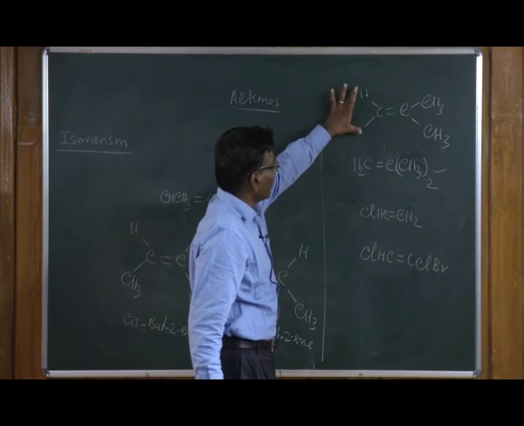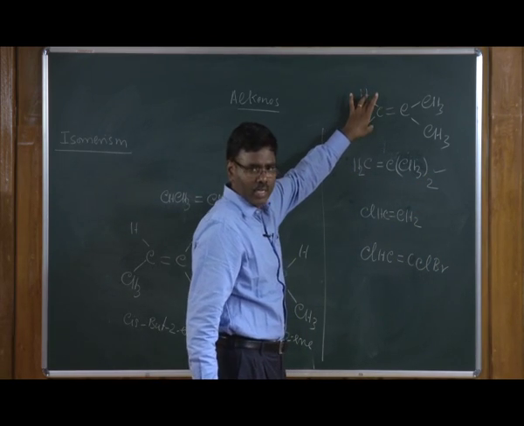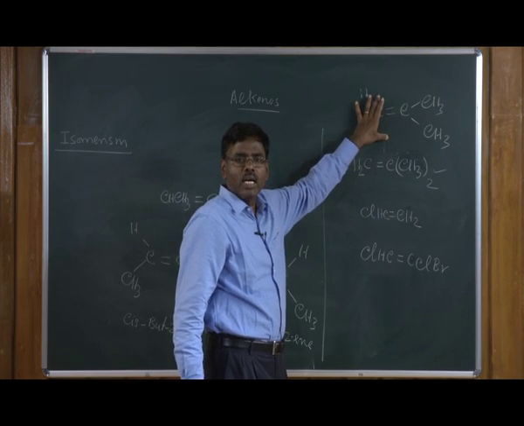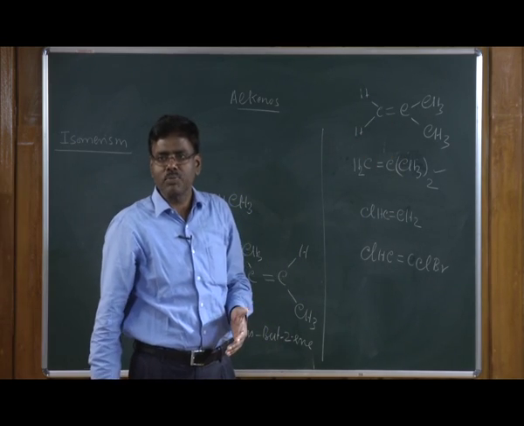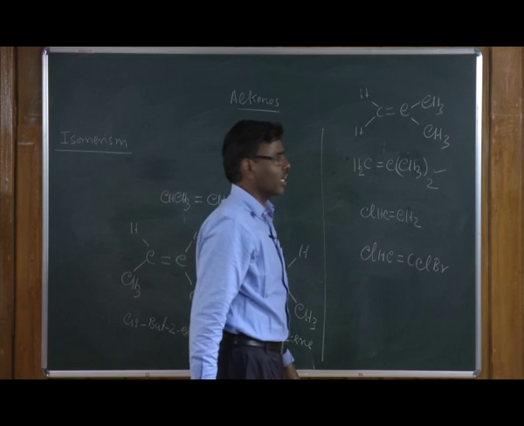So, when you have the same substituent on the carbon atom, then they cannot exist in cis and trans form, therefore, they cannot show geometrical isomers.